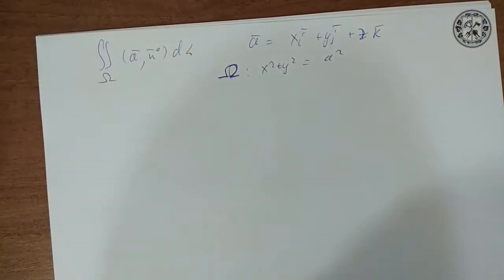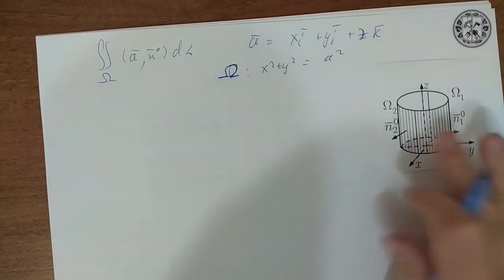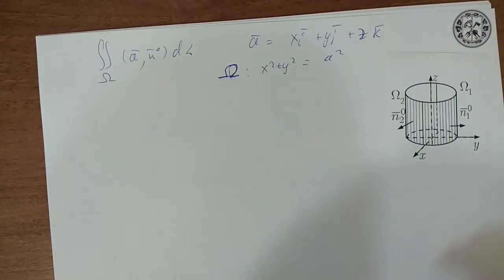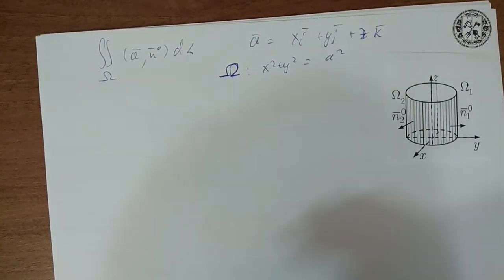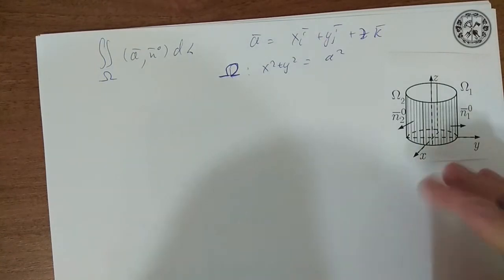So this surface is a cylinder. Because we have fixed x and y, they form a circle, but z is not fixed. So this will be a cylinder.